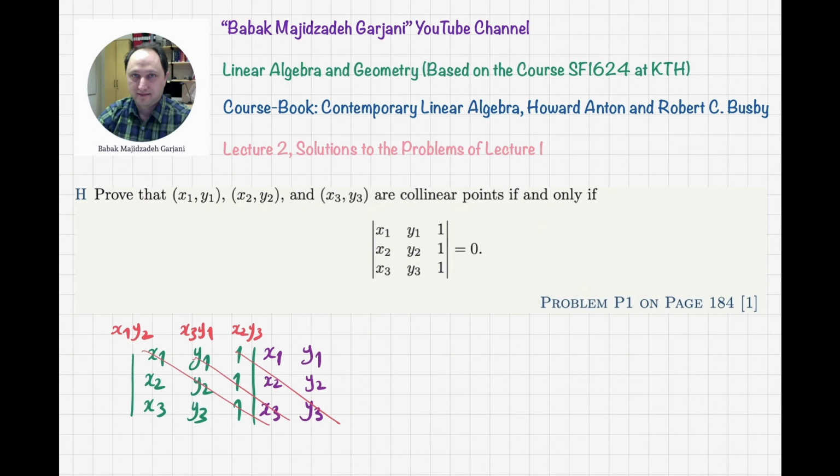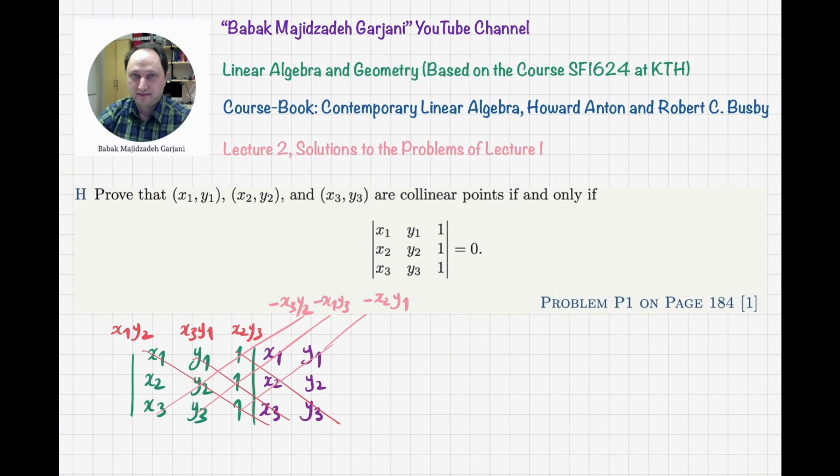Then I will do the other way around. So I will have these three and these three and finally these three. Let me write them a little bit higher. So here I will have x2, y1, but I will change the sign. It becomes negative x2, y1, and the next one becomes negative x1, y3, and the next one becomes negative x3, y2.